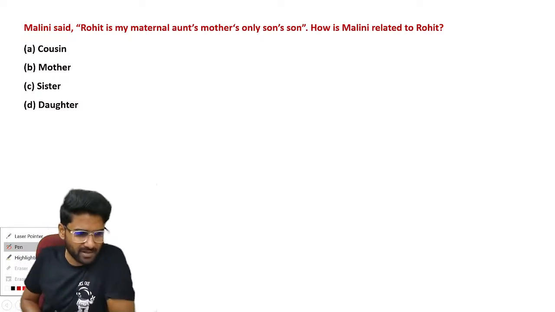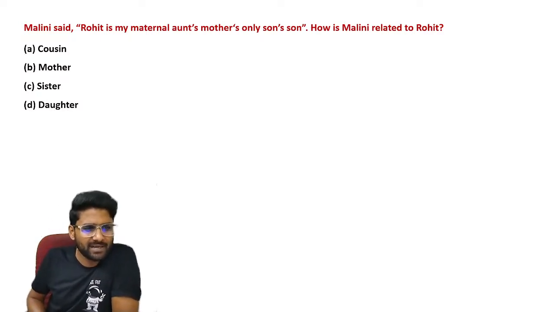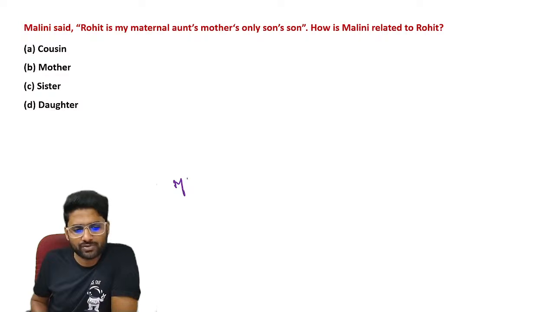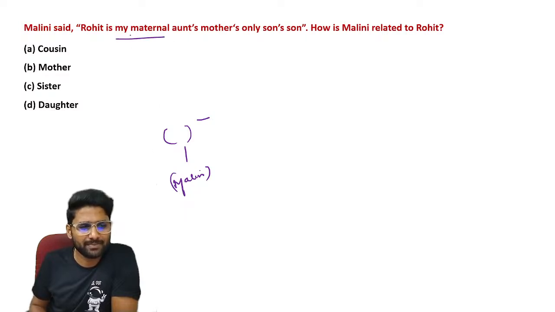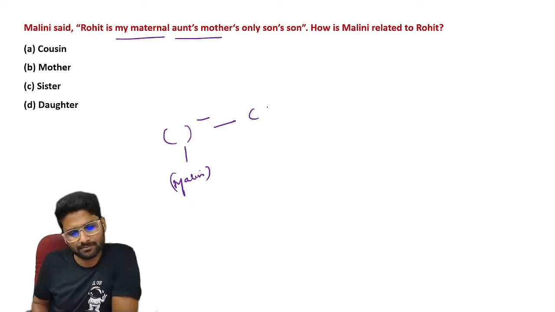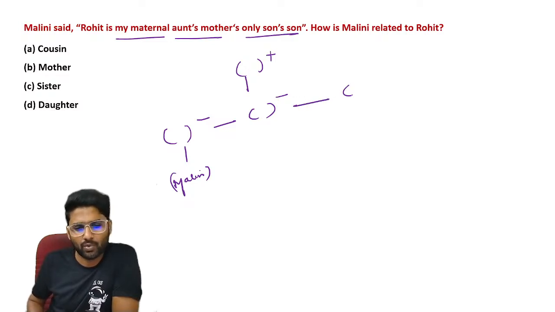Let's see this question from the relation. Malini said, "Rohit is my maternal aunt's mother's only son's son." How is Malini related to Rohit? My maternal aunt's mother, mother's only son.